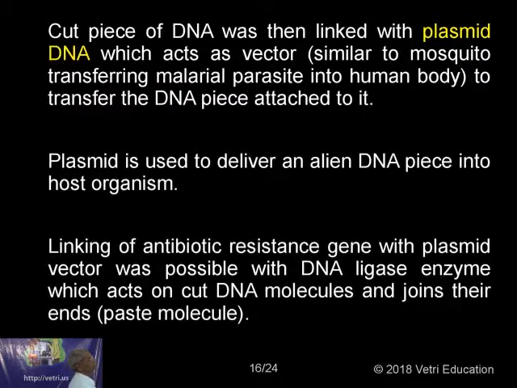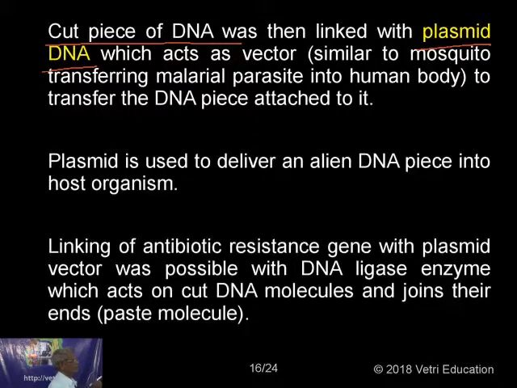First, this DNA is a cut piece. What is this DNA which was cut? Antibiotic resistance. This antibiotic resistance gene was cut because it is the gene we want. So that gene is cut, and then it was linked with a plasmid DNA, which acts as a vector.